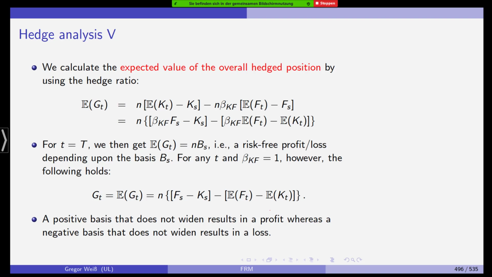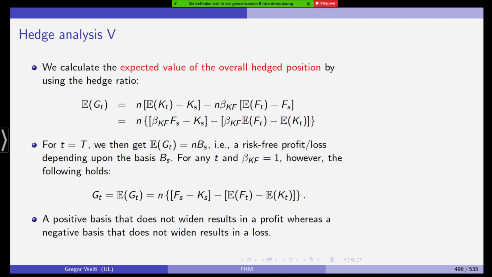We rearrange this a little bit. You can see this becomes n times beta times Fs minus Ks, minus beta times the expected value of the futures price minus the expected future spot price. At maturity, we then get n times Bs, that is, we have a risk-free profit or loss depending on the initial basis when we bought the spot investment.